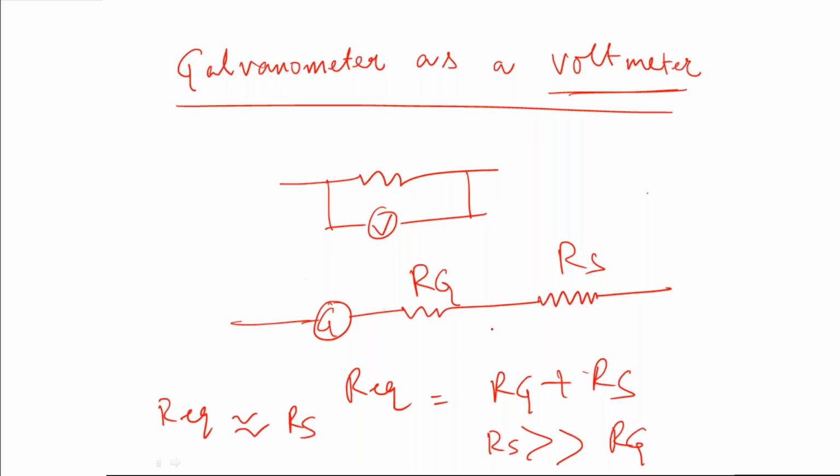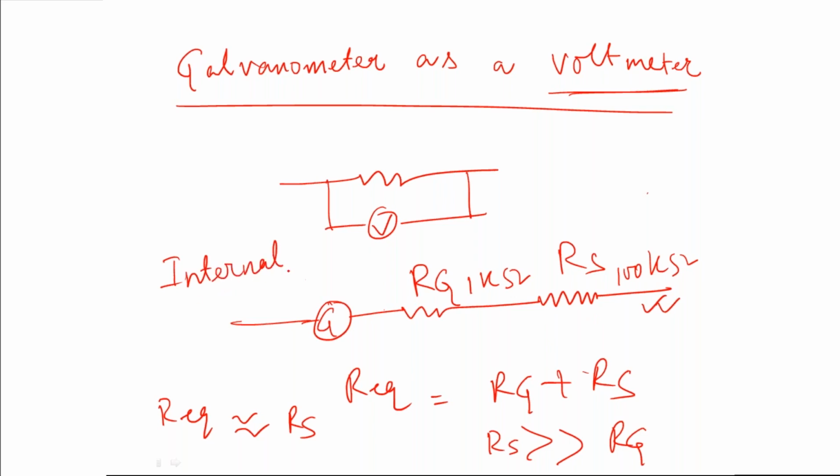So as a whole you get a very huge resistance internally. This is called internal resistance, a very huge internal resistance for a voltmeter.